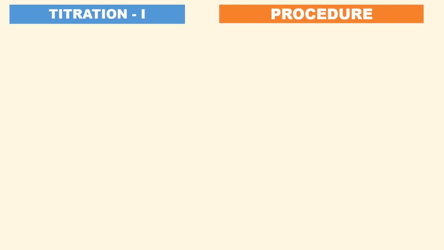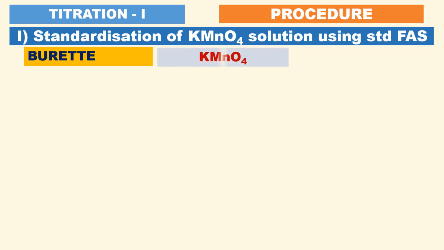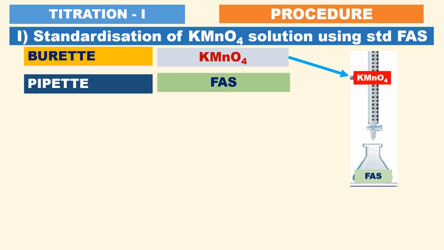Short procedure for titration 1. Titration 1 is the standardization of link KMnO4 using standard ferrous ammonium sulfate solution. In the burette, KMnO4 is taken, and in the conical flask, 20 ml of ferrous ammonium sulfate is pipetted out.